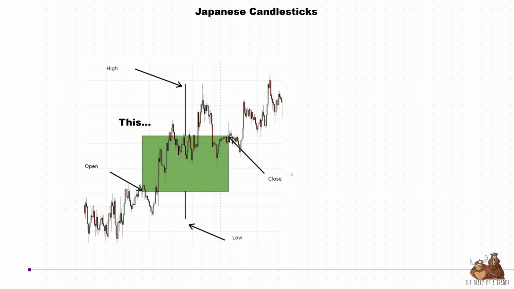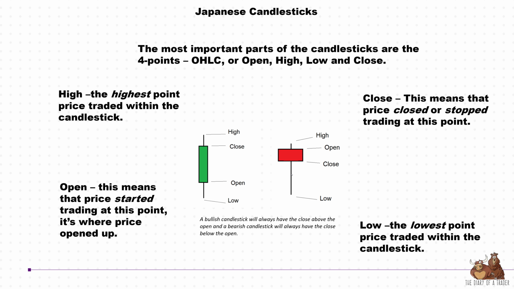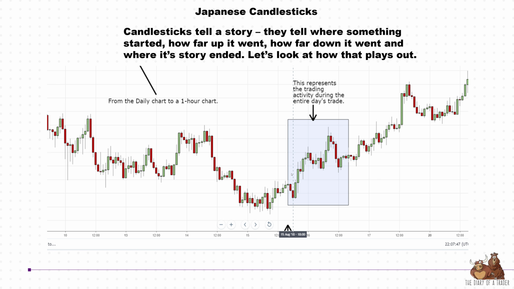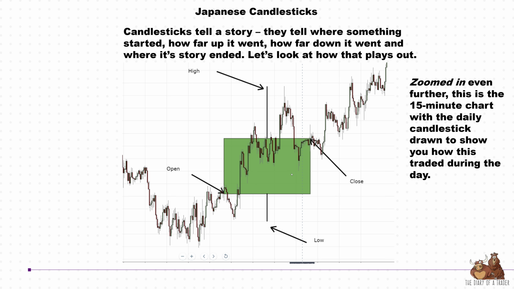I just want to make sure that everybody's grasping this: the first candlestick that we looked at here, this daily candlestick, is the same as all of this activity in here.